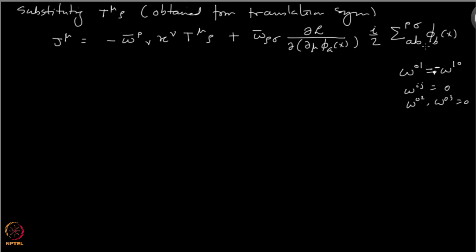Let's do a little bit more on the first term. So let me write the first term and the second term. So this entire thing is first term, this entire thing is second term. So the first term: minus omega bar rho nu x nu T mu rho.